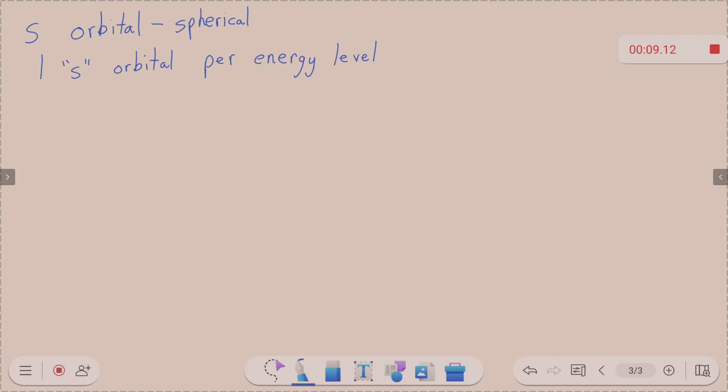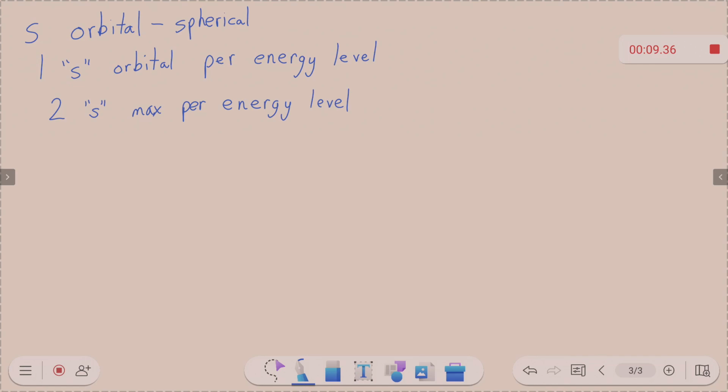Now, since we just found out that there's 2 electrons maximum per orbital, if there's only one s orbital per energy level, there are 2 s electrons maximum per energy level. So in any one of those spheres that I was talking about, like the ping pong ball, there could be 2 electrons in that.